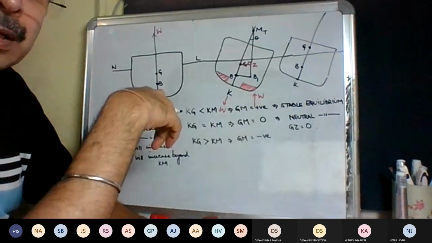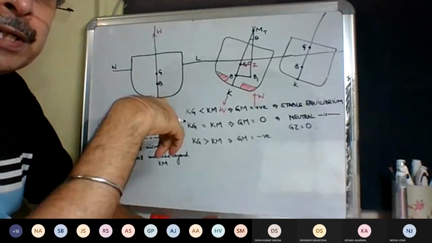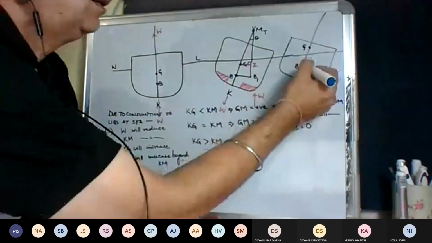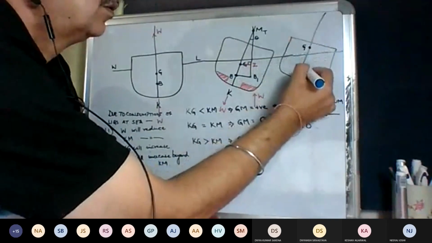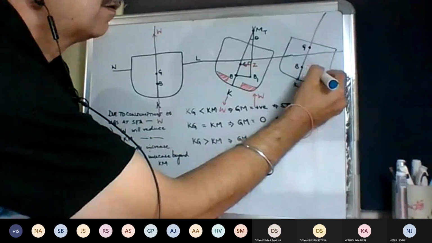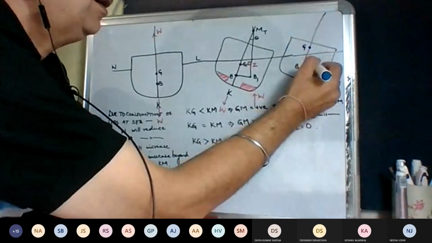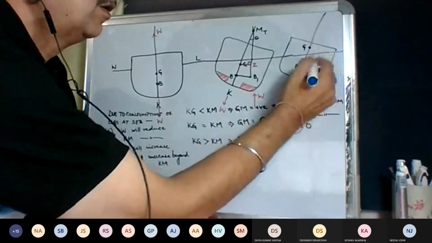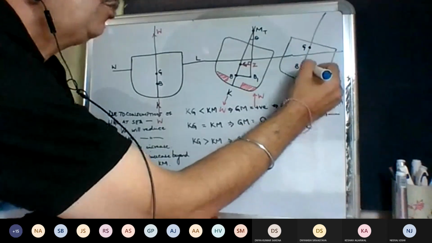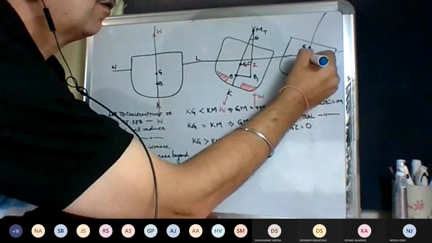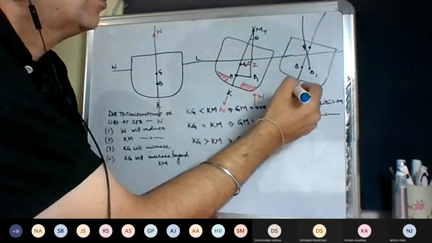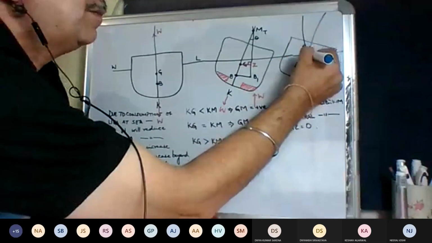Now, क्योंकि मैं उसको कंज्यूम करता रहा, तो अब एज अ रिजल्ट मेरा B1 यहाँ पे आ गया. एंड इसके थ्रू जो वर्टिकल जाएगा वो ऐसे जा रहा है. सो एज अ रिजल्ट this becomes my M.